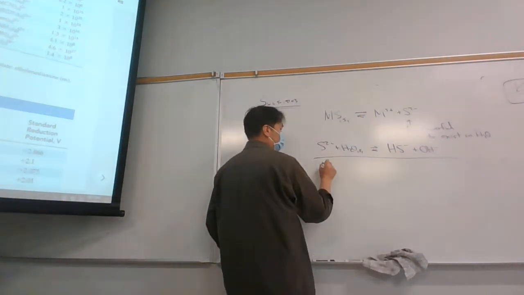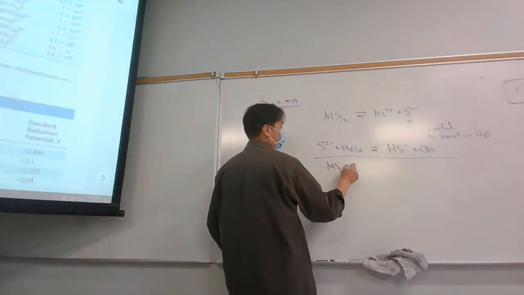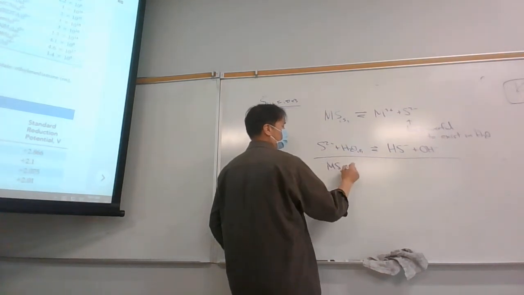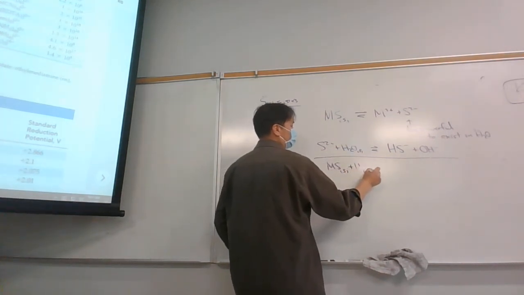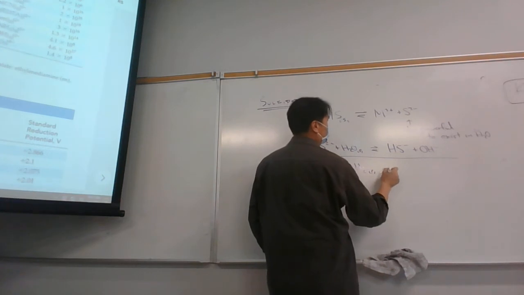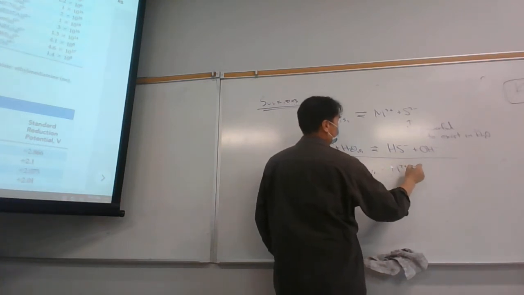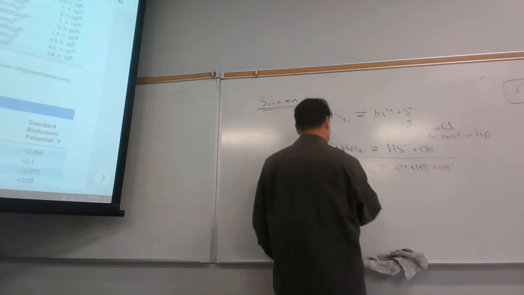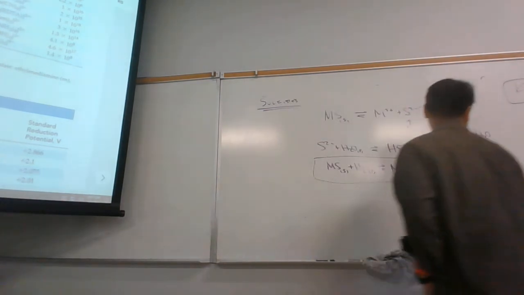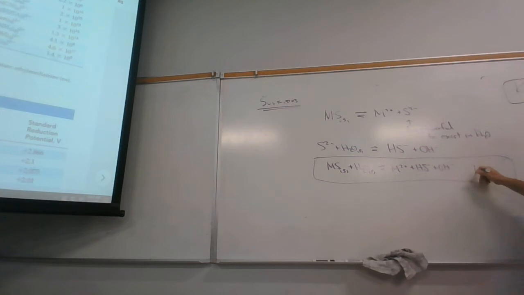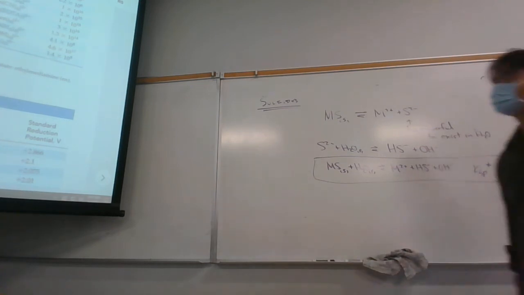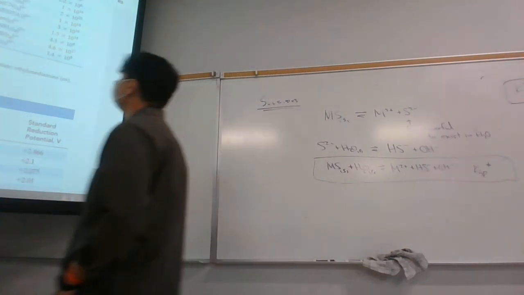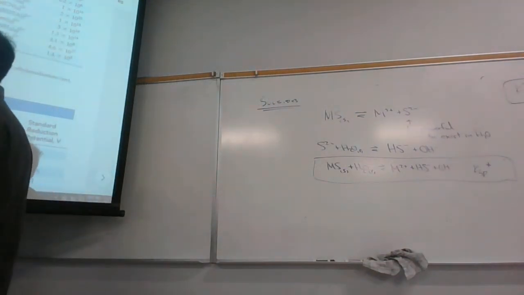And so what we end up with is this: MS solid, the sulfides cancel because sulfide can't exist in water, plus H2O liquid yields M2+ plus HS minus plus OH minus. This equation is called KSP double dagger, and so we differentiate that as being unique.